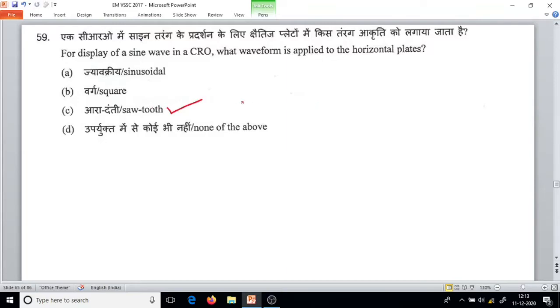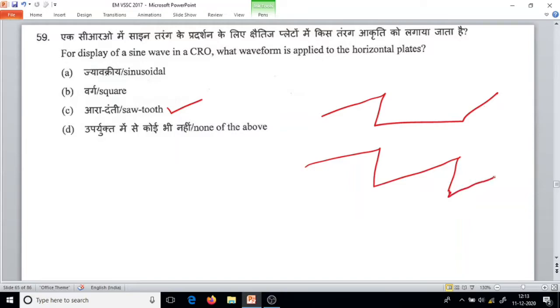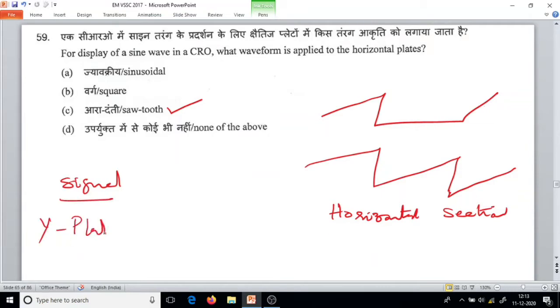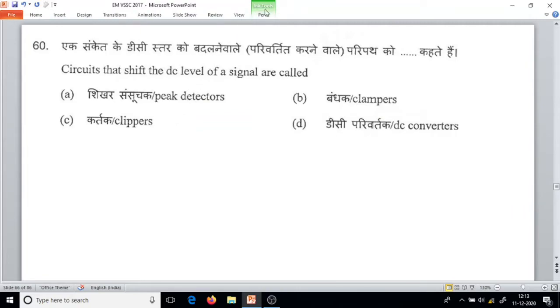So always a sawtooth wave is applied, like this waveform, to the CRO horizontal plates. Then where is the signal applied? The signal is applied to the Y plates, so that we can see the signal on the CRO screen.